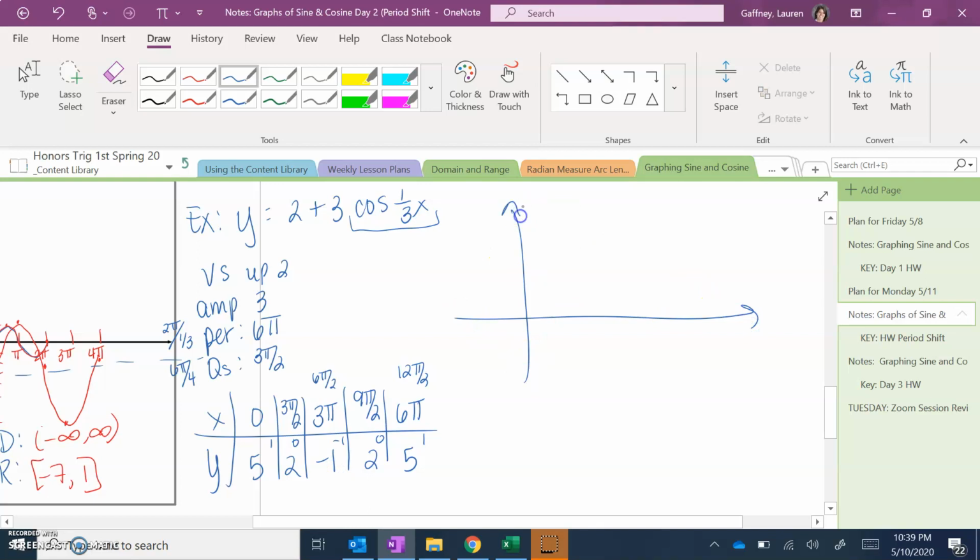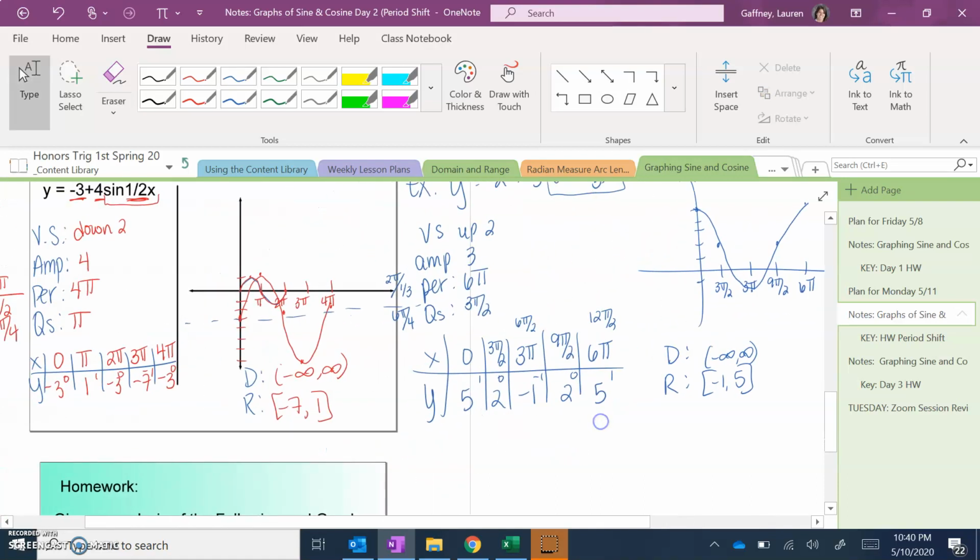So, rough sketch graph here. Okay, oops, my domain is -infinity to infinity. My range, my lowest y value is -1, my highest is 5. Right, so at 0, I'm at 5, then 2, -1, 2, 5.